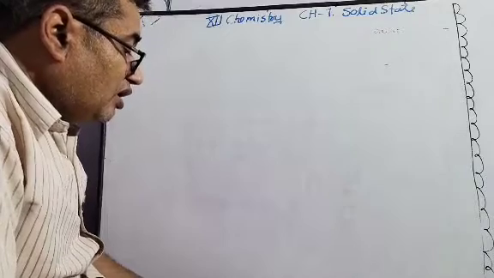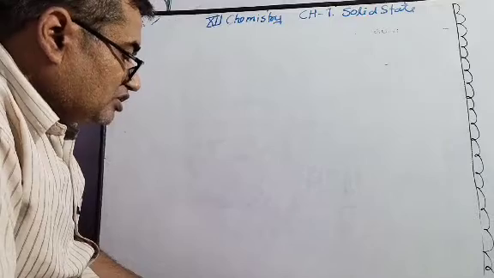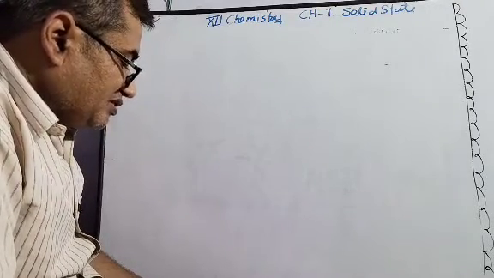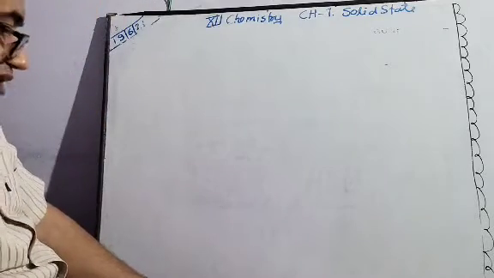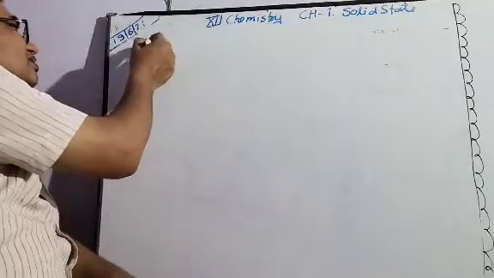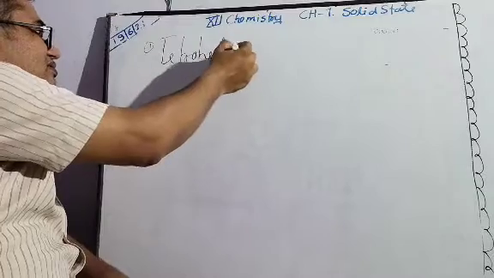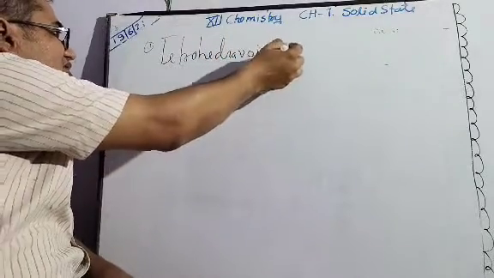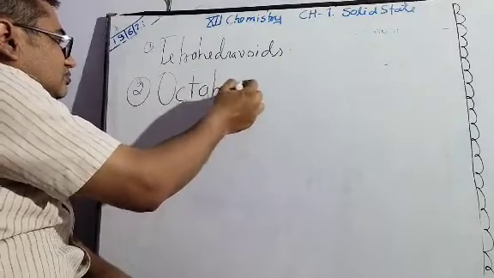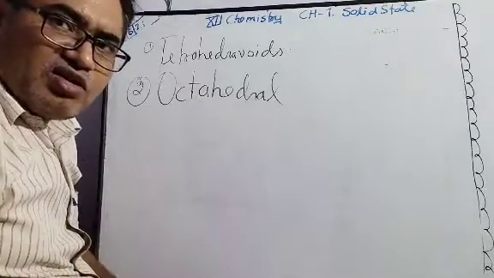Simply we can say that in a special kind of arrangement, cubic close packing arrangement, the ABC pattern is present. Now there are different kinds of voids which are called tetrahedral voids and octahedral voids.